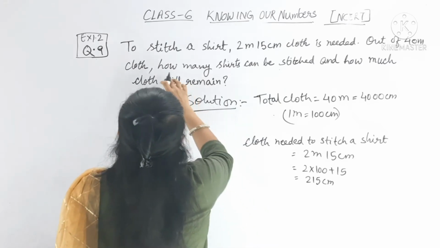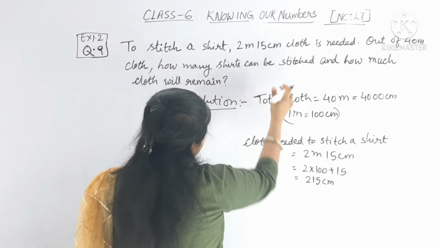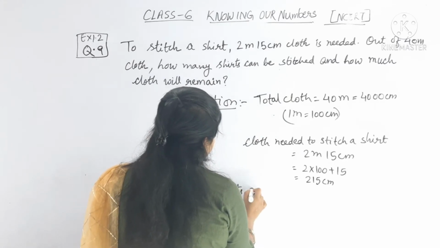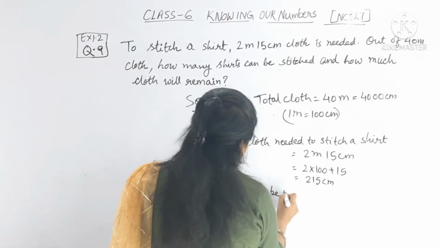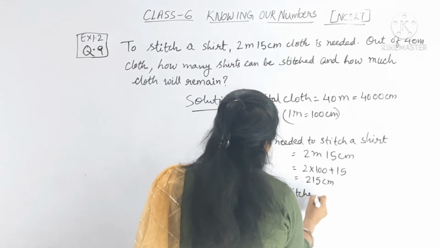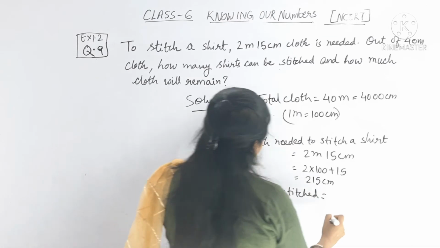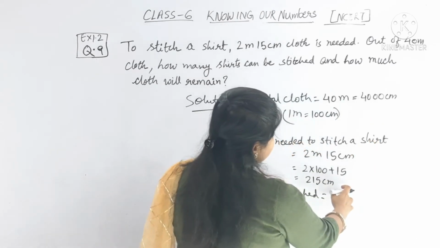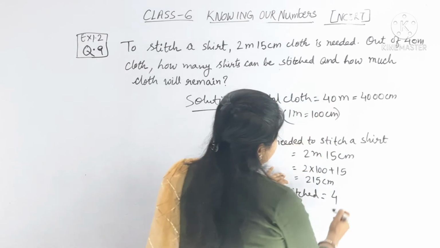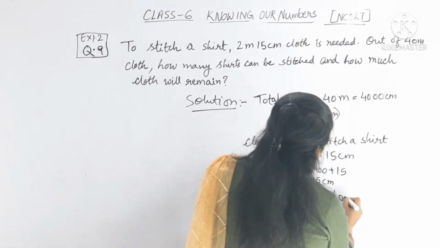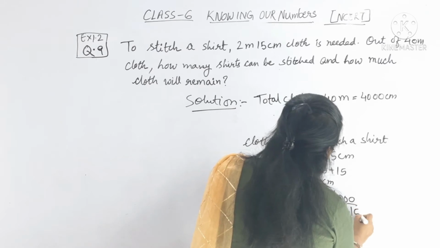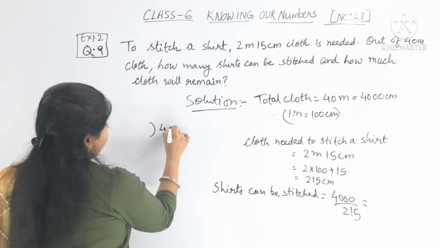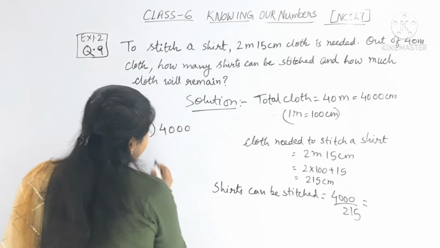Then what is the question? How many shirts can be stitched? Shirts that can be stitched will be, we have to divide 4000 by 215. What will I get? Like this we have to show.